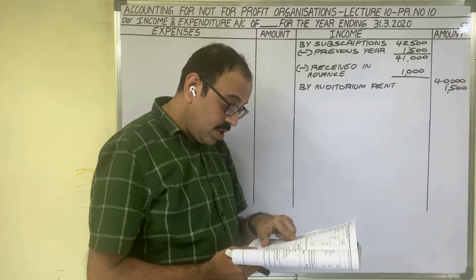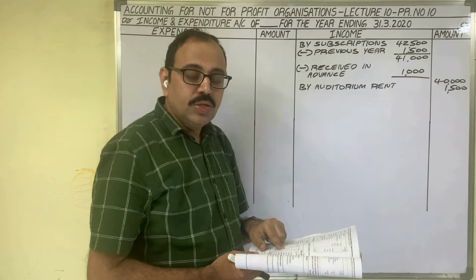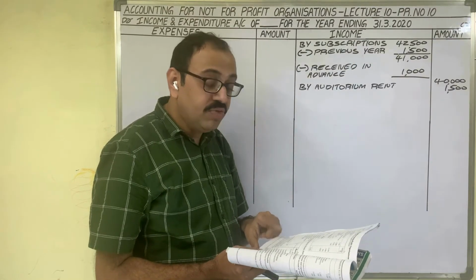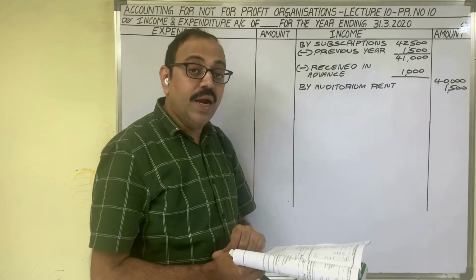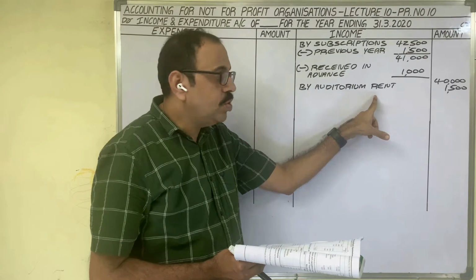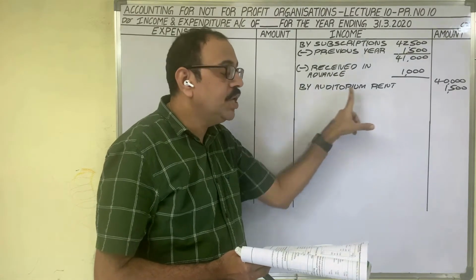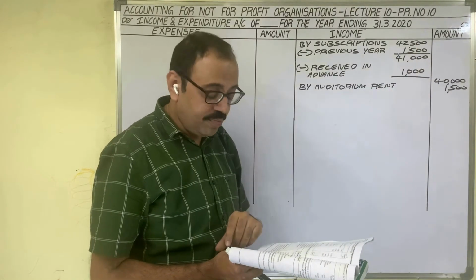Payment side also, he is giving rent paid 10,000 rupees. So this outstanding rent which is given in the adjustment belongs to that expenditure, rent expenditure, not this auditorium rent income. So related with the auditorium rent, there is no adjustment. Therefore, amount directly in outer column.